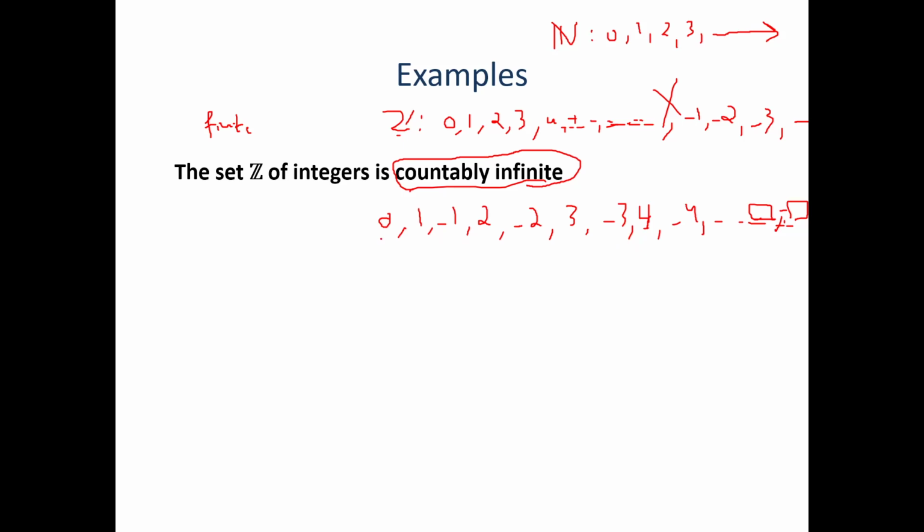So that should give you a hint whether something is countably infinite or not. Can you find a way to list it on one line? For the set Z, we can. But now let's actually try to find that bijection.